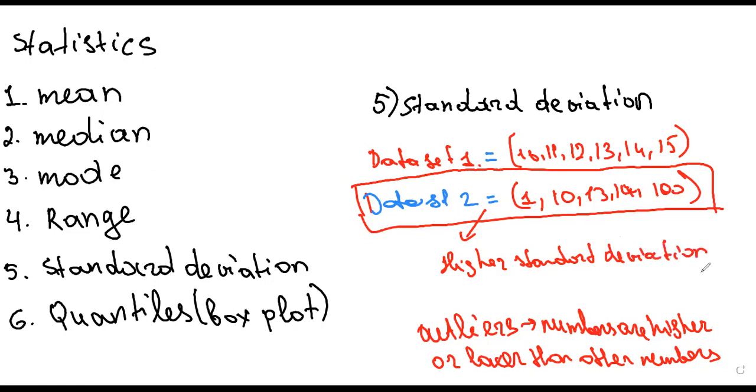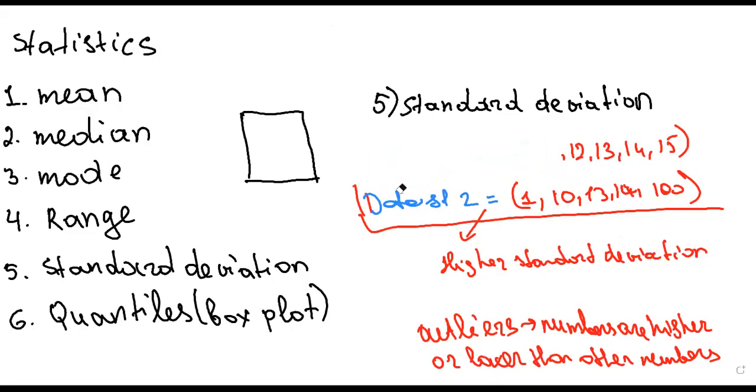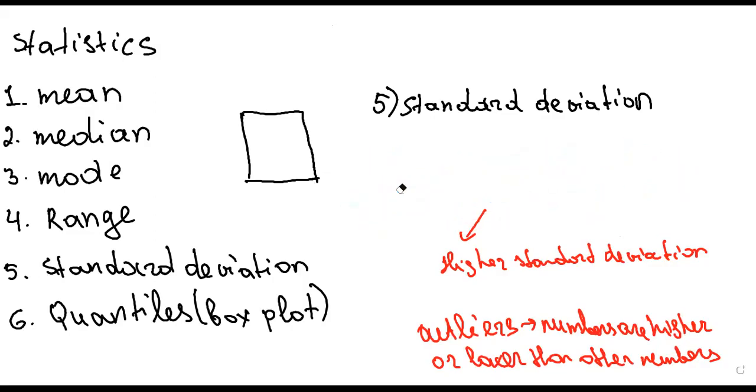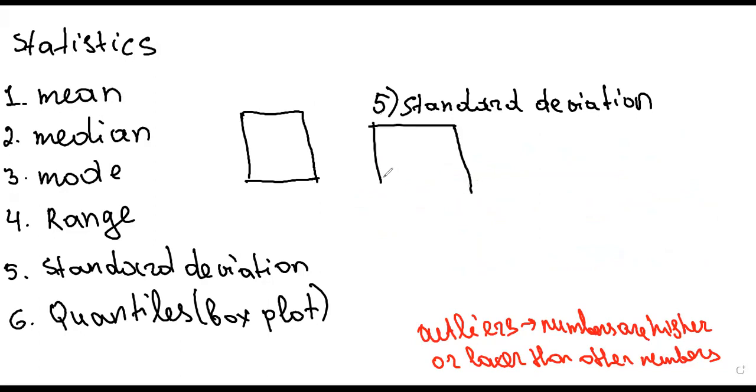And sometimes the data set can be given in a table, like this. Let me draw two tables. This is our first table, and this is our second table. It's very bad.